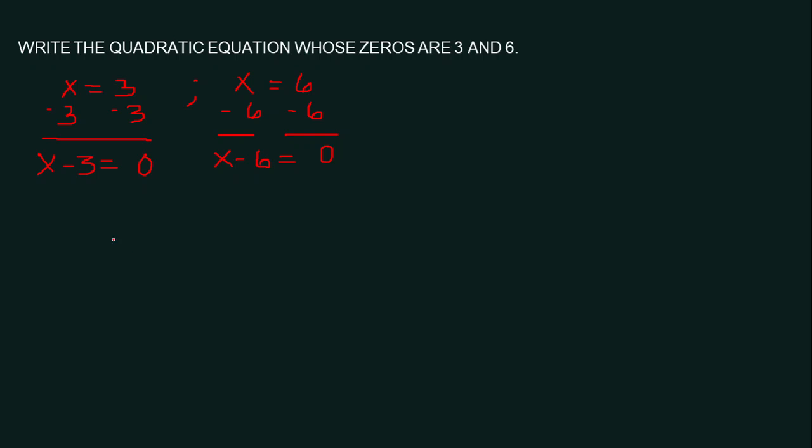So we can now write them in this format. The first factor is x minus 3, times x minus 6, equals 0.